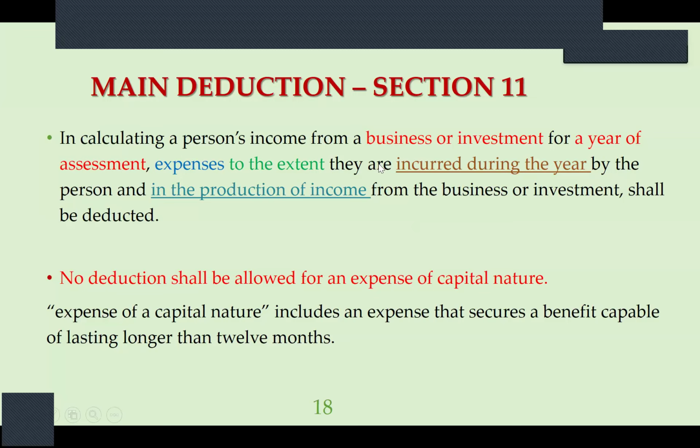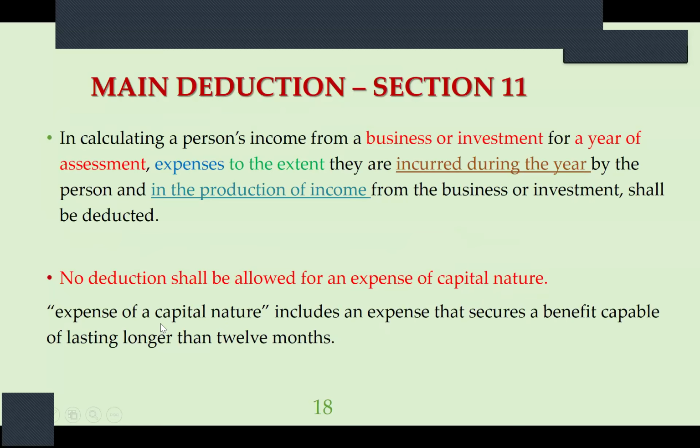But there's a clause. It says no deduction shall be allowed for an expense of a capital nature. If it is a capital nature expenditure, if it is for a capital nature asset, that expenditure is not allowable. So what is the definition of capital nature?